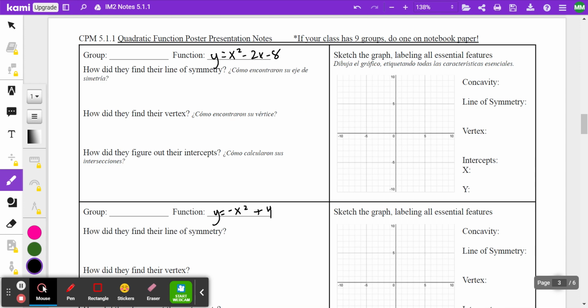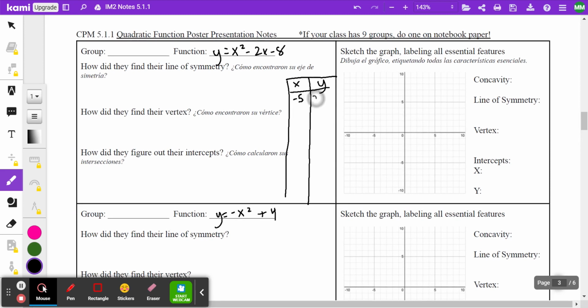Now, during the presentations, your classmates would have shown you a table of values. So I'm going to add a table of values for each of these. Got x and y. And I'll start x at -5 again, and then I'll throw that in my calculator to find out what y equals. And when x is -5, y is all the way up at 27.